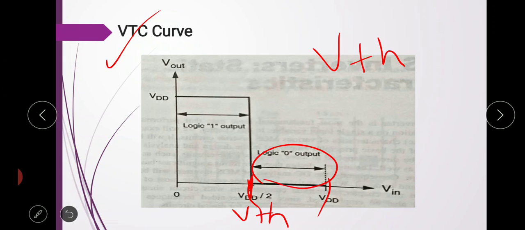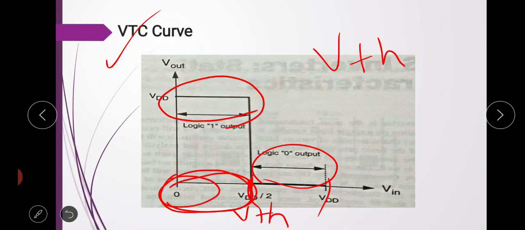Here we can see that an input voltage between 0 and VTH is interpreted by this ideal inverter as a logic 0. That means when we give 0 voltage, up to this point, logic 0, at that time we get a logic 1 at the output.